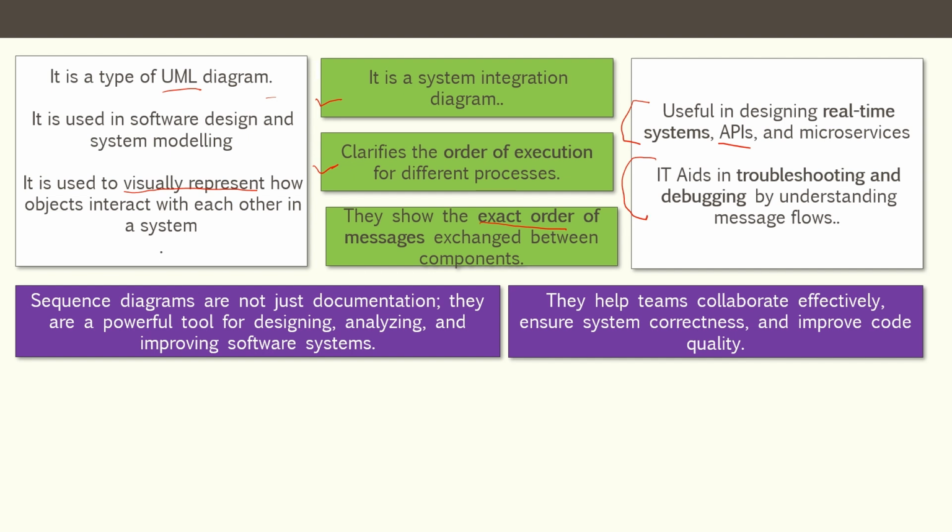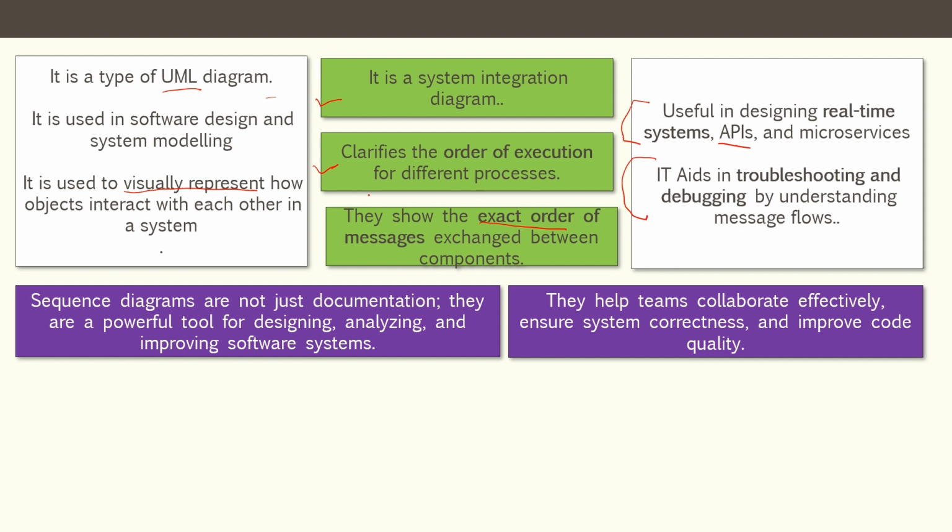So it is not only used just for documentation purposes. It's a powerful tool at the initial stage of the design. It helps to analyze what is going on in a particular feature or a user story, and it will definitely help to improve the overall system performance analysis and improve the understanding of the system.